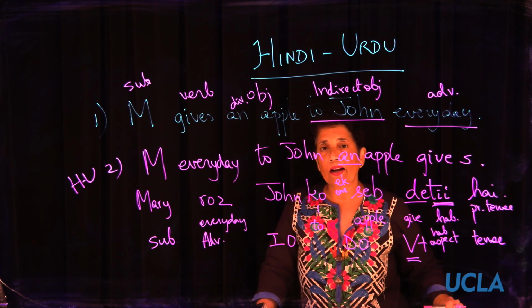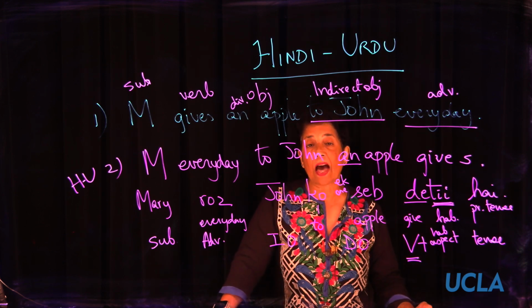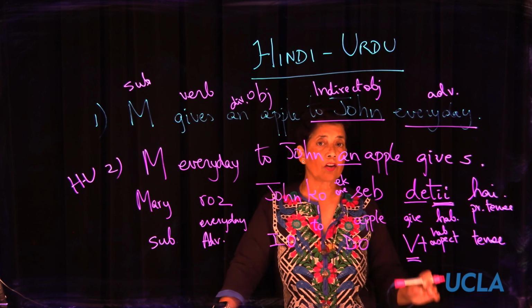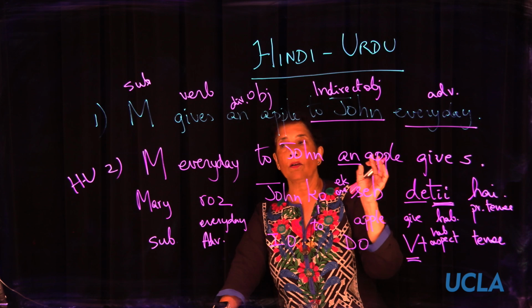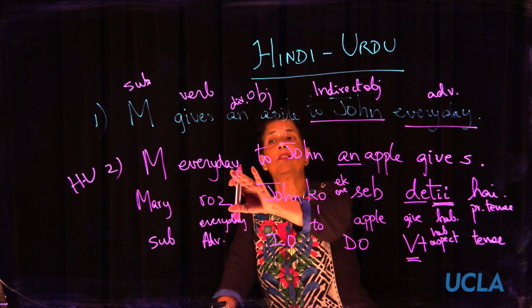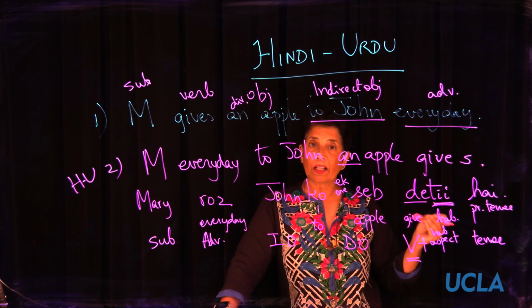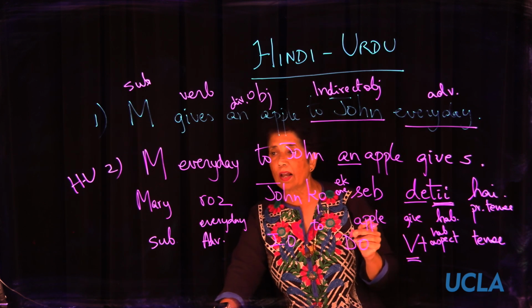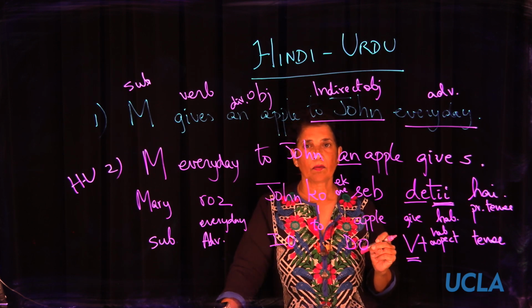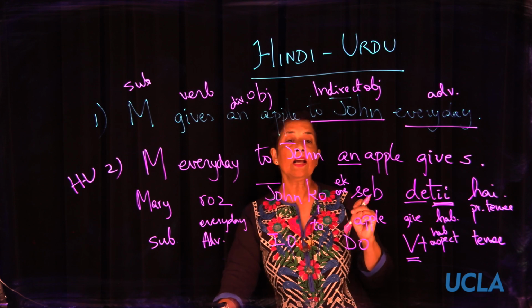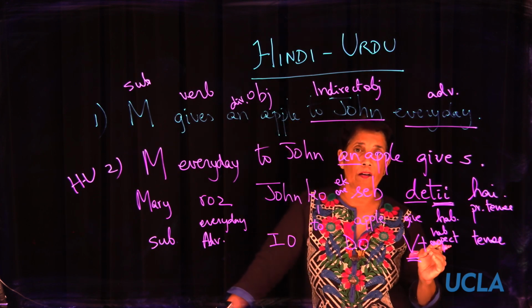In Hindi-Urdu, actually, things are even more fluid than they are in English. So you could move things around. Okay. And for example, you could start off with Rose. Rose, Mary John को एक सेब देती है. Okay. You could say, Mary John को Rose एक सेब देती है. You could say, Mary John को सेब Rose देती है. So you could move it around.